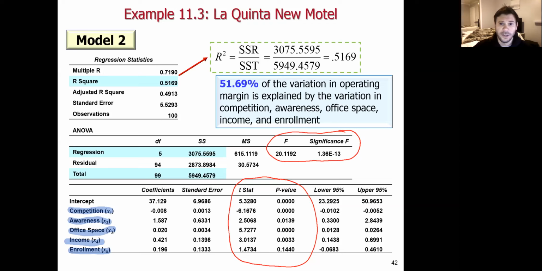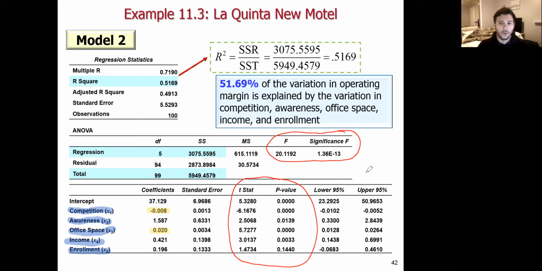Now, if you look at our coefficient estimates, I think there are a couple values that you would need to be a little skeptical of here. Note the competition coefficient is very close to 0, 0.008. That's pretty close to 0. And it also looks like here our office space value is pretty close to 0.